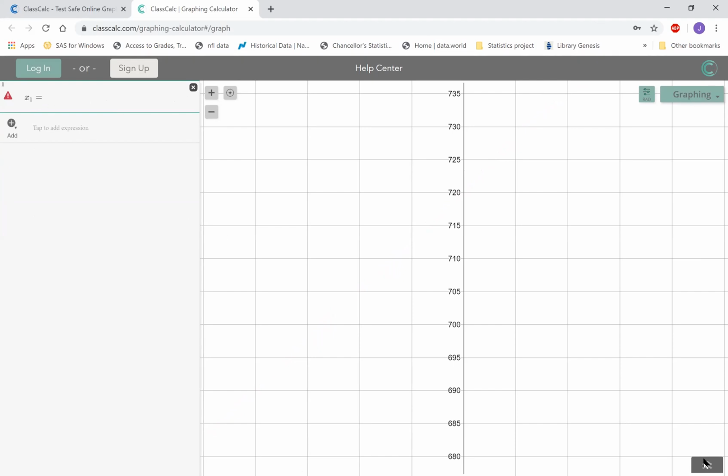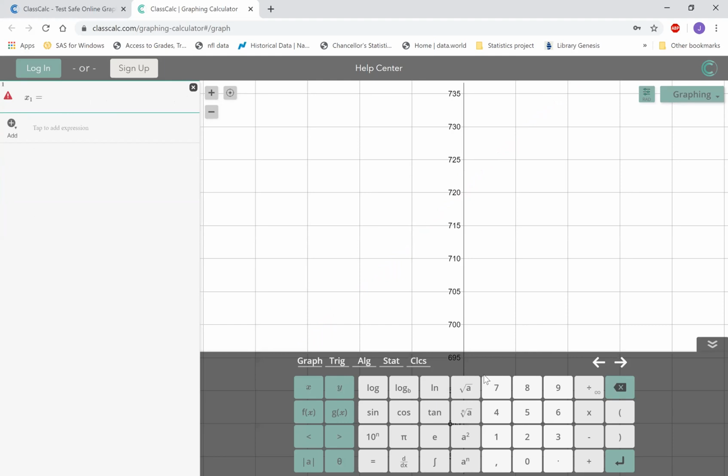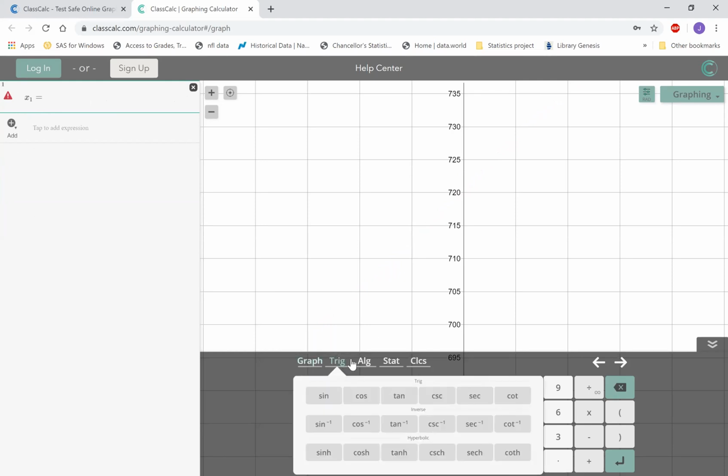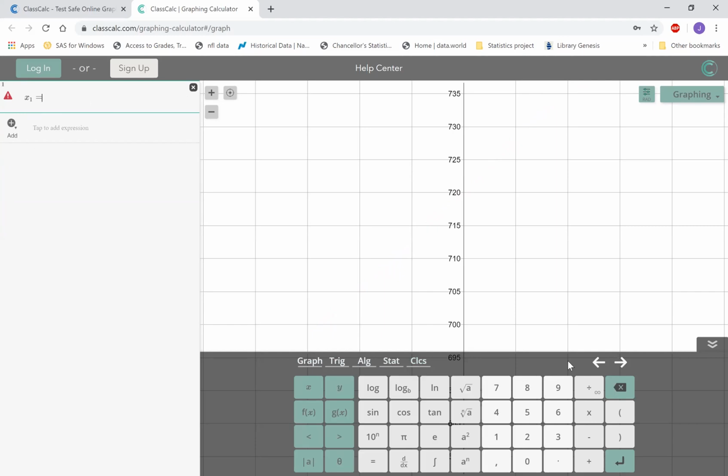So let me see if they have that here. So what you want to do is use brackets. The bracket should look something like that.